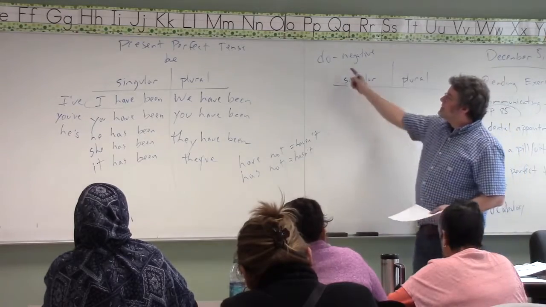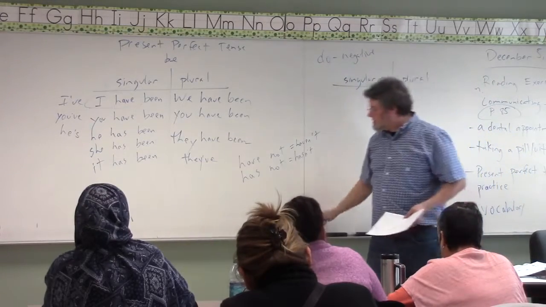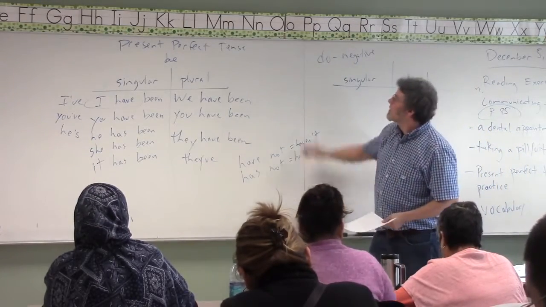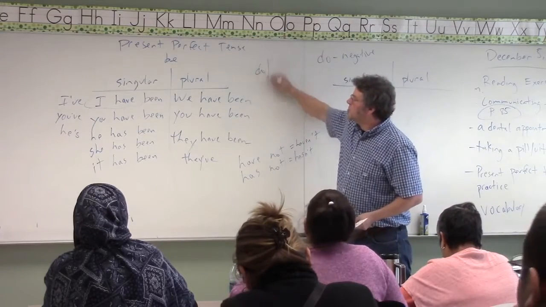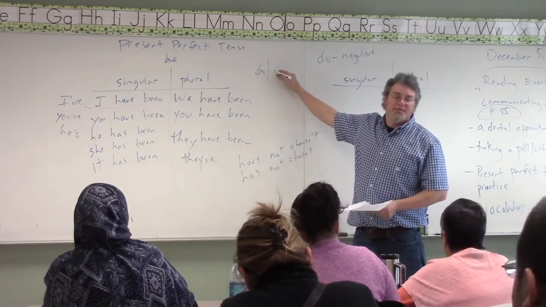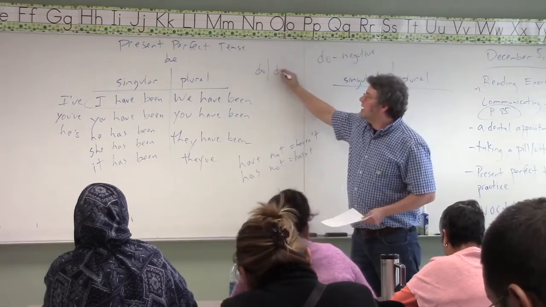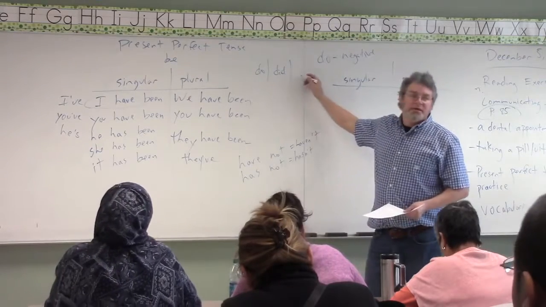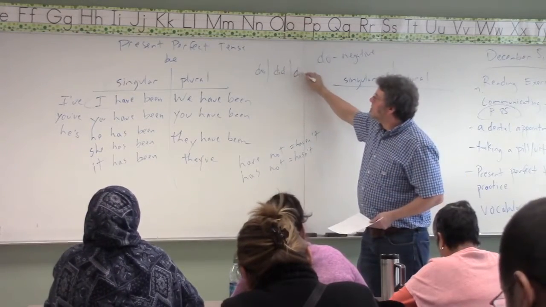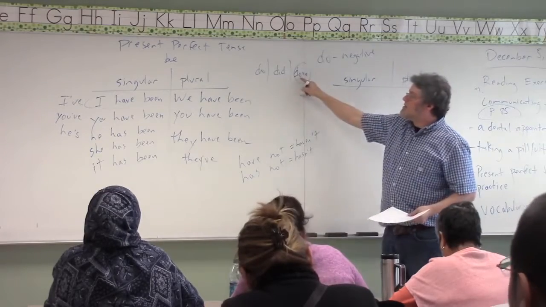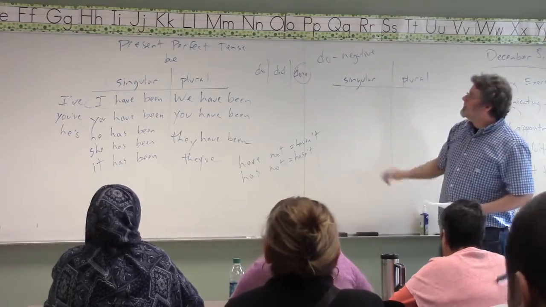Now if it's the verb do, the simple form is do, past tense is did, and the past participle for the verb do is done. So we want to use done, D-O-N-E. Negative.